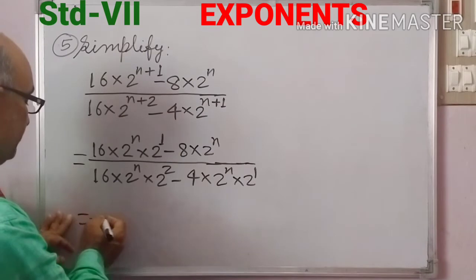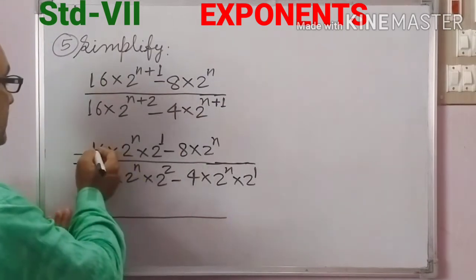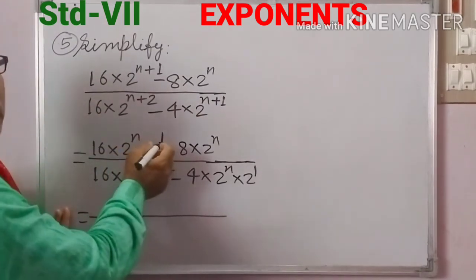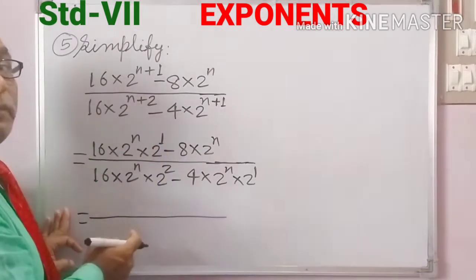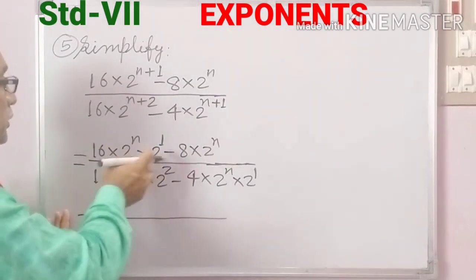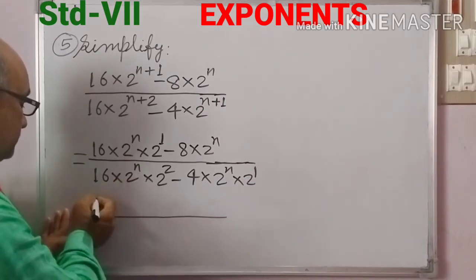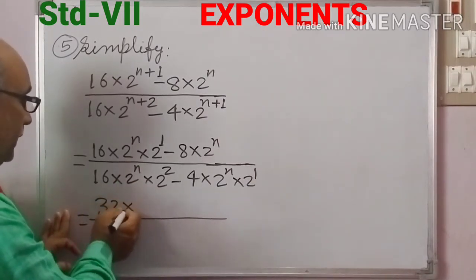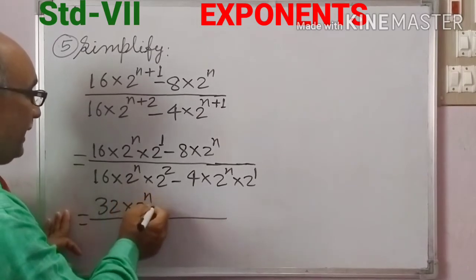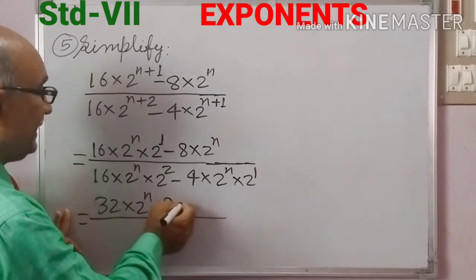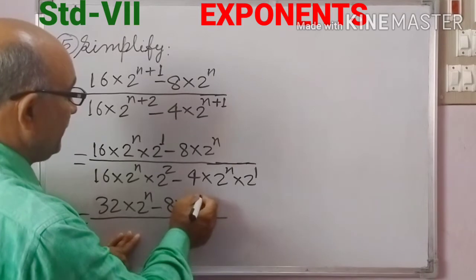Next step, 16 into 2 to the power 1. 2 to the power 1 means 2, so 16 into 2 is 32. 32 into 2^n minus 8 into 2^n.